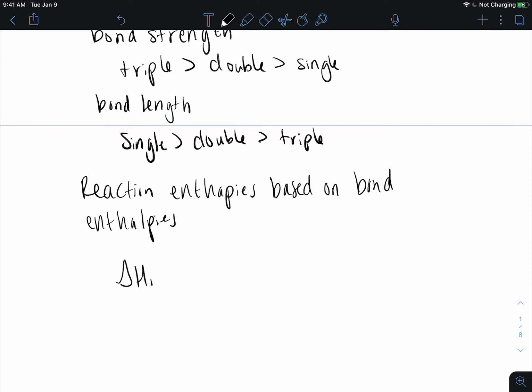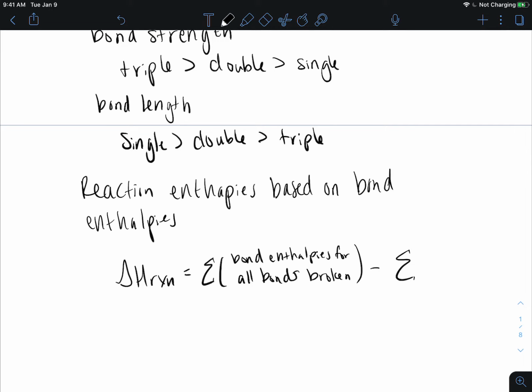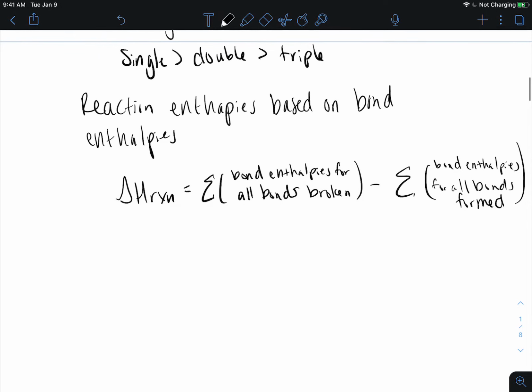So your delta H of your reaction will be equal to the sum of the bond enthalpies for all bonds broken minus the sum of bond enthalpies for all bonds formed.